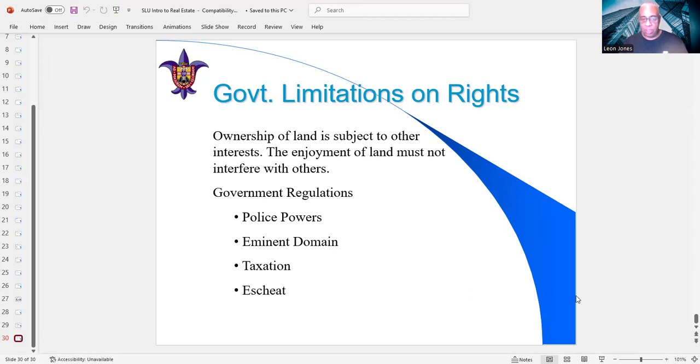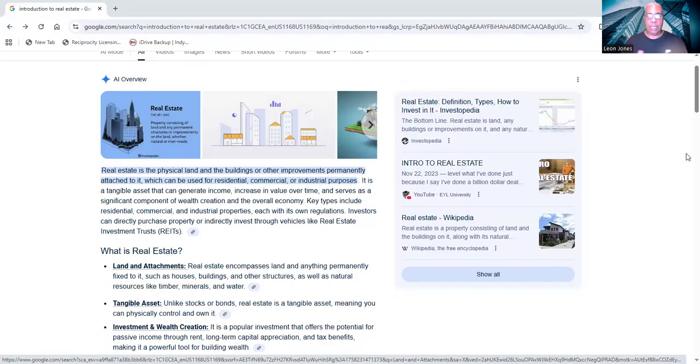And once again, when we deal with real estate, what we're really talking about is the physical land and the buildings or other improvements permanently attached to it, which can be used for residential, commercial, or industrial purposes.